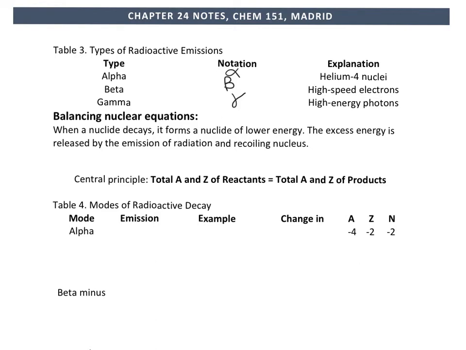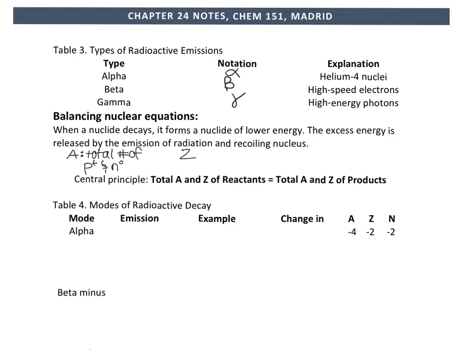Before we get into nuclear equations, I just want to remind you what certain symbols mean. We have the symbols A and Z that we're going to be using here. So let's talk about what those mean. A is the total number of protons and neutrons.